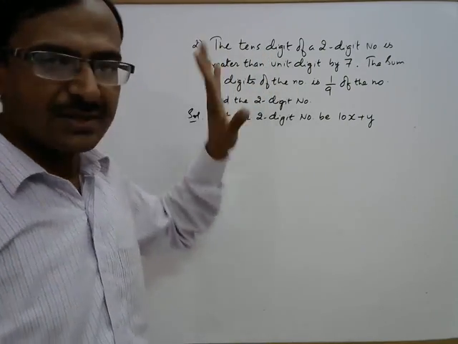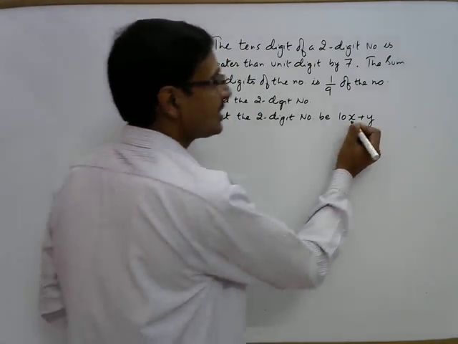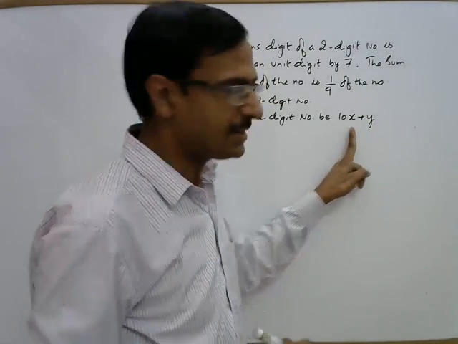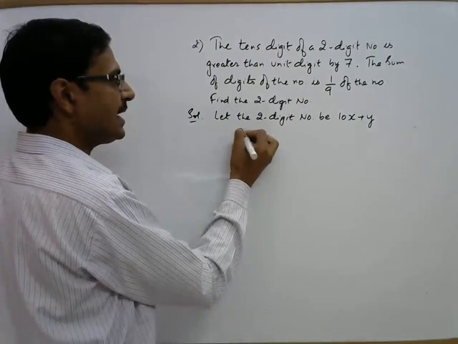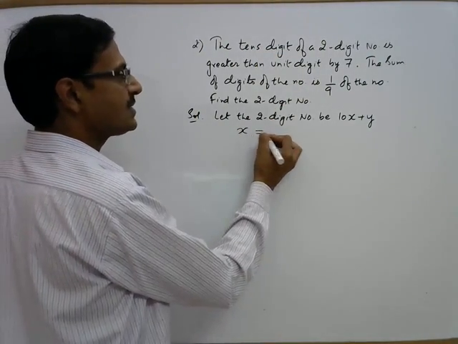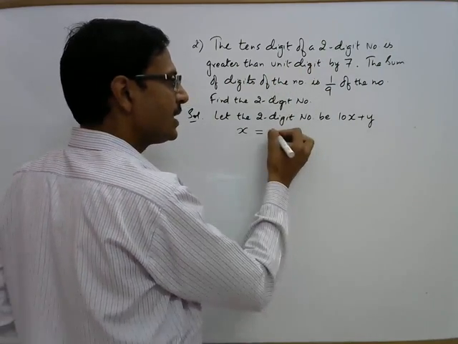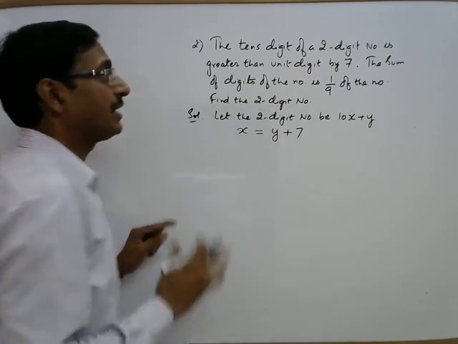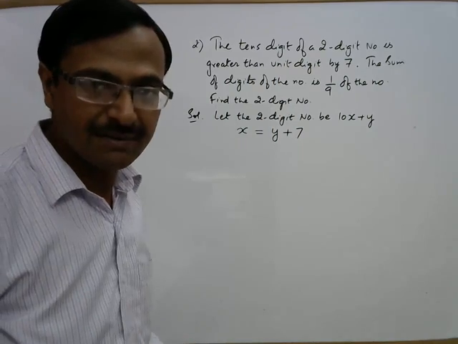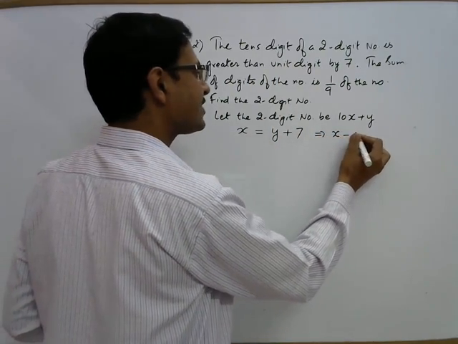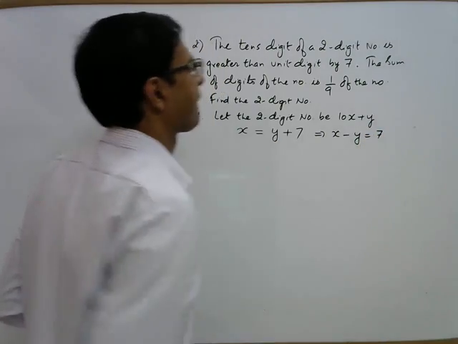The tens digit is the one which comes along with 10, so x is the tens digit. The tens digit, that is x, is greater than the unit digit by 7. Unit digit is y, so y plus 7.